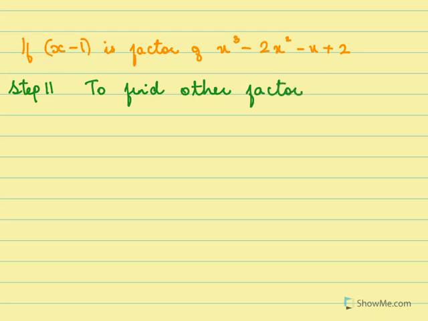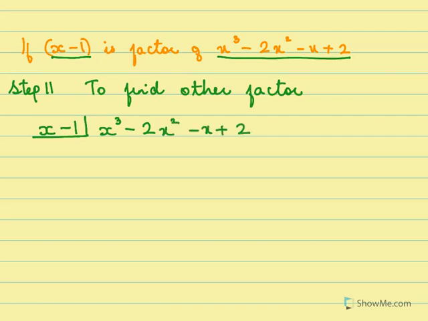We need to divide this polynomial by one of the factors, x minus 1. So we have x minus 1 and we divide it into x cube minus 2x square minus x plus 2.